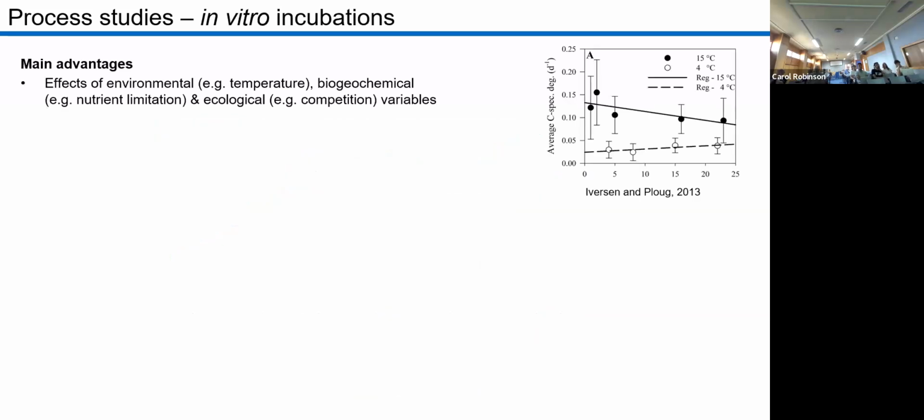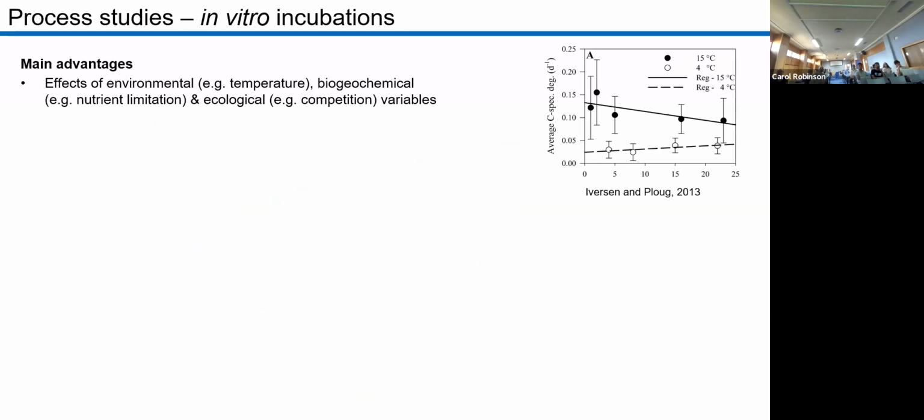So let's start with the in vitro incubation. So why do we need in vitro incubation? We have a lot of advantages with this kind of incubation. The main one, I think, is that it's the best tool to test or investigate the effects of environmental, biogeochemical, or ecological factors.